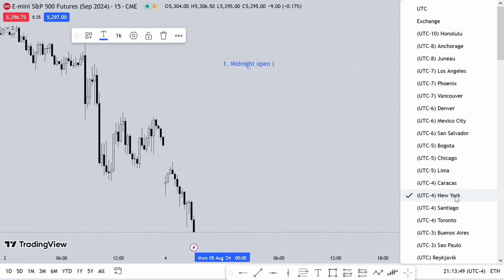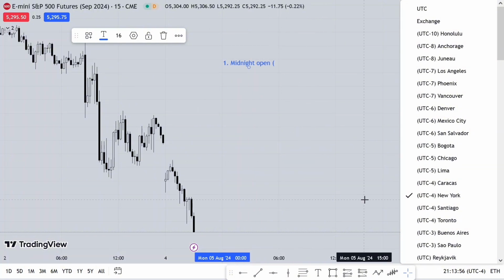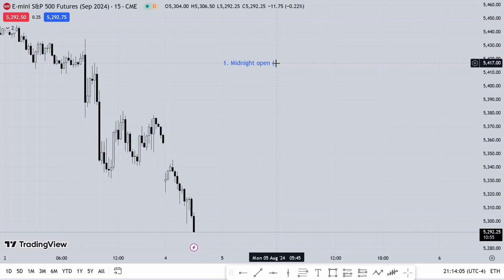You must be set to New York so that you can align with what we are doing here, because everything algorithmic as it relates to price is delivered on the New York time zone.